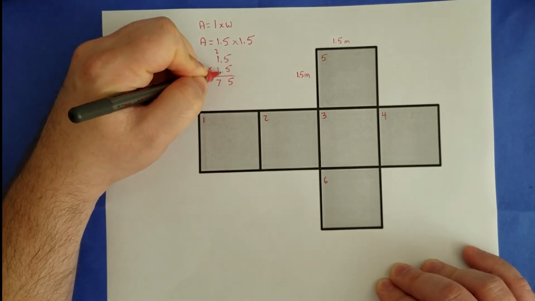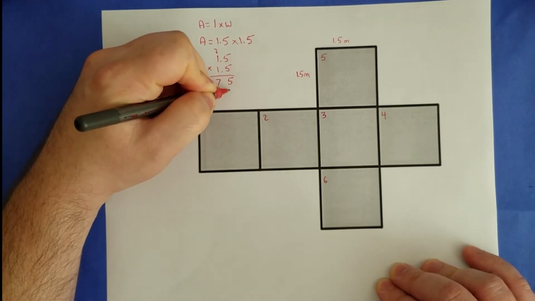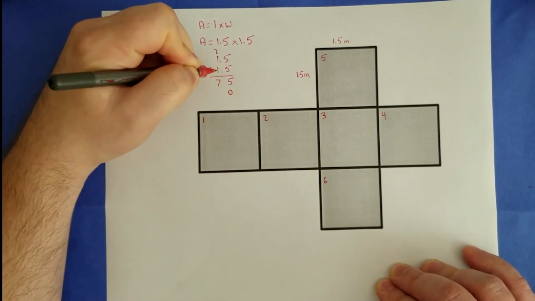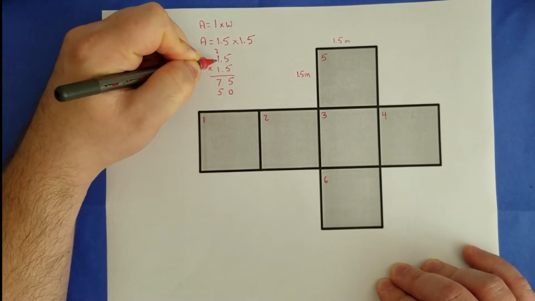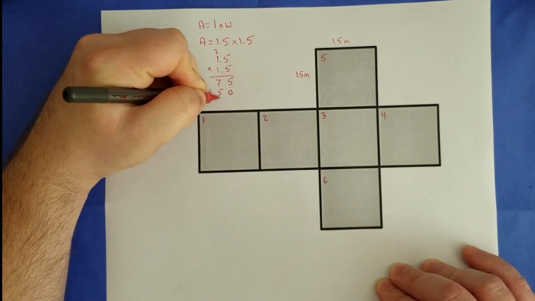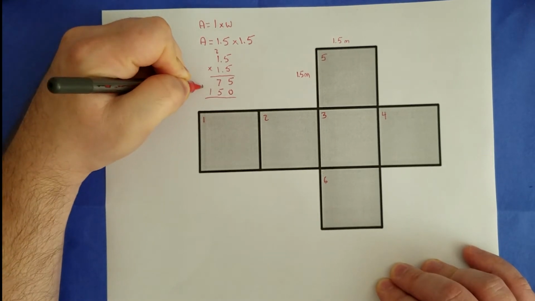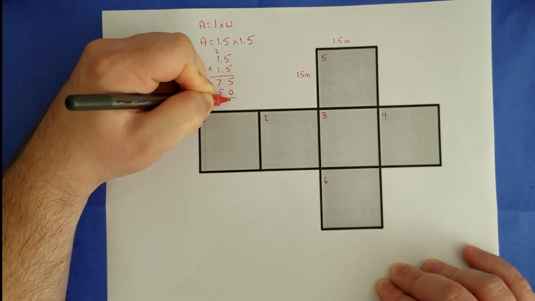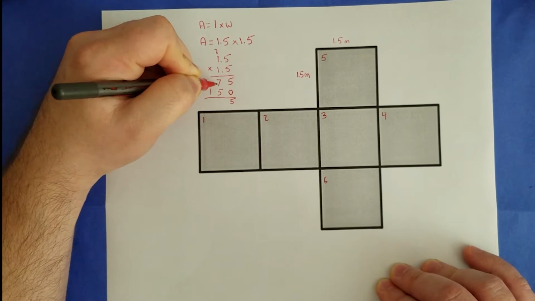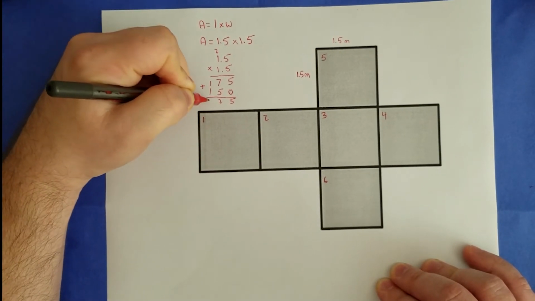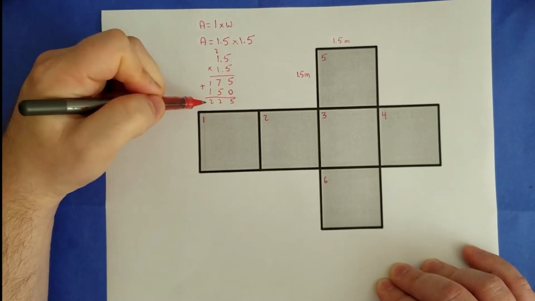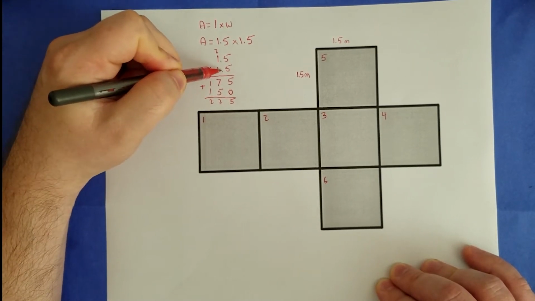I'm moving over a place value, so I need to put a 0 as that placeholder. 1 times 5 is 5, and 1 times 1 is 1. What do I do with these now? You got it, I add them. 5 plus 0 is 5. 7 plus 5 is 12. Plus 1, 2.